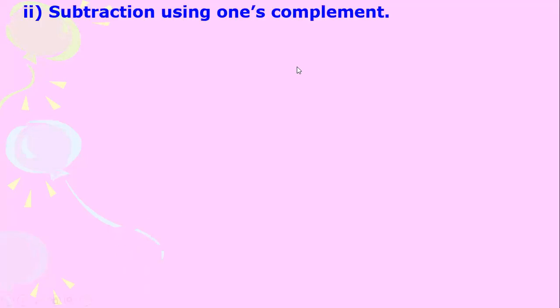My dear students and the rest of the learners, we now proceed to the next level. Let's now carry out subtraction using 1's complement. We are through with the indirect method.